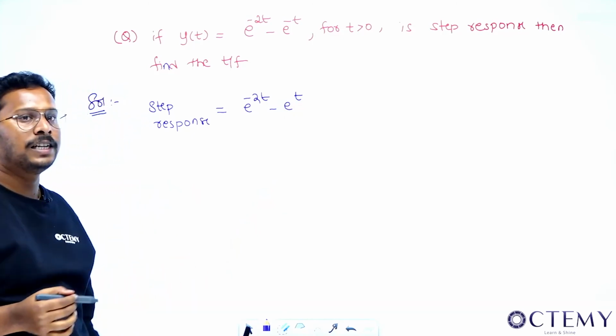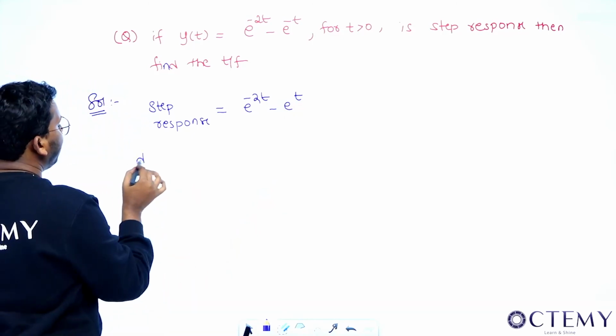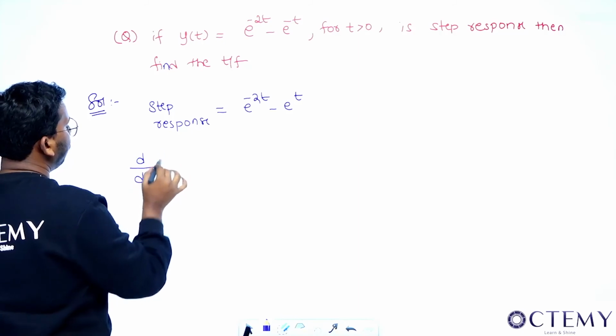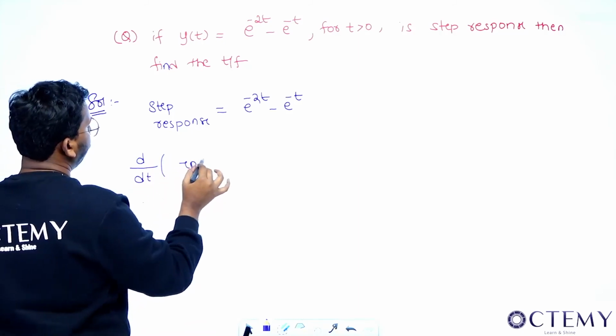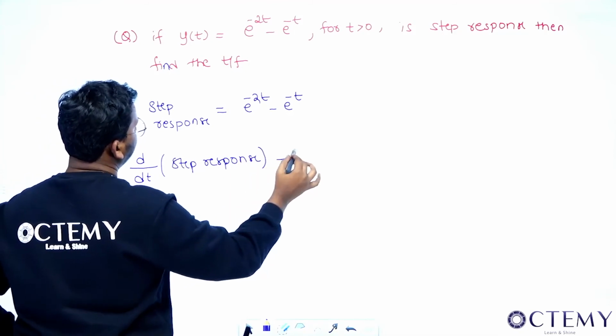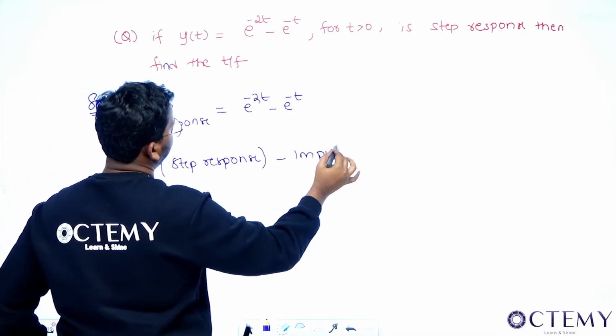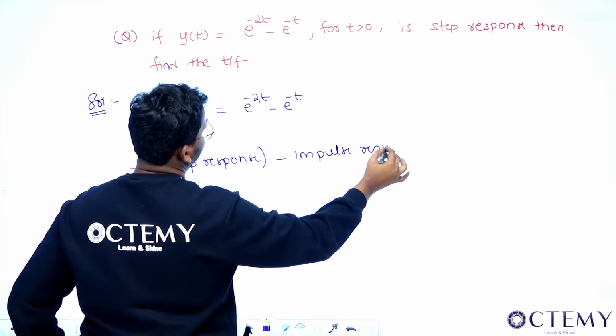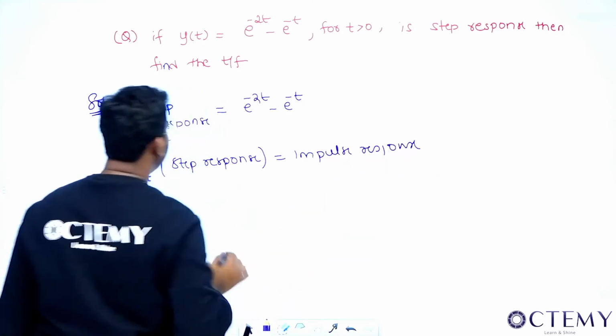Now, if you differentiate step response, if you do d by dt with respect to time, what will you get, sir? You get impulse response, isn't it? Impulse response. So let us differentiate, sir.